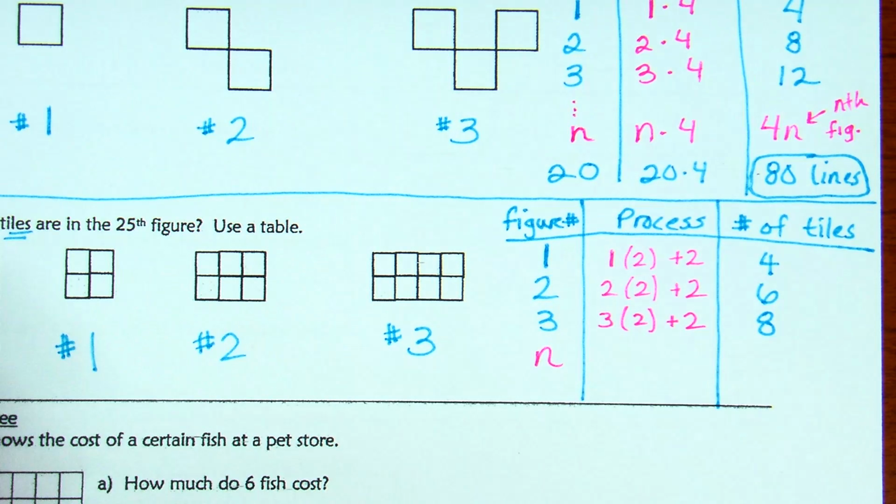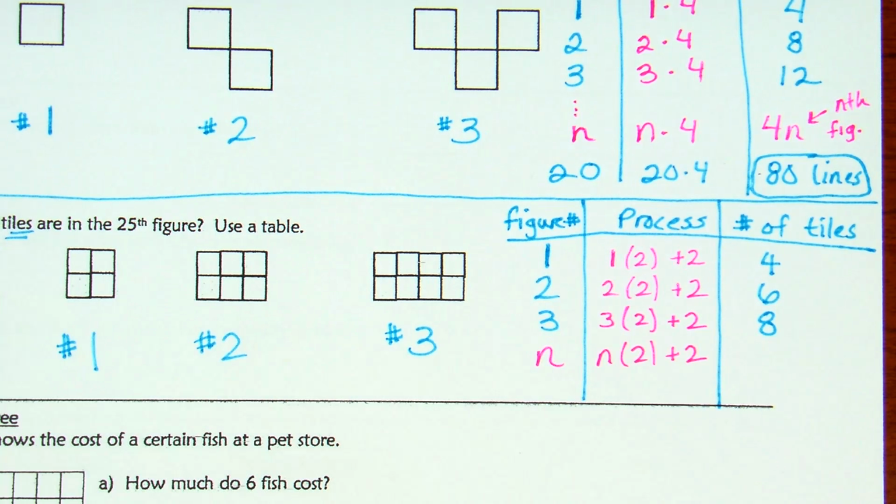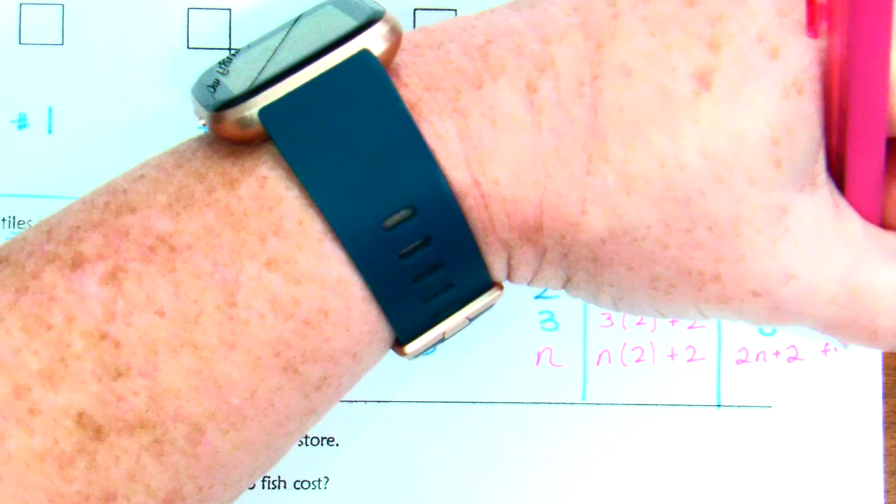Now, I wrote that the way I've been writing all the others, but when we say n times 2, what do we write that as? 2n. So we're going to say that is 2n plus 2. And again, did it ask for it here? No, I just don't have it written in. But that is the nth figure. Sorry, can you guys read that?